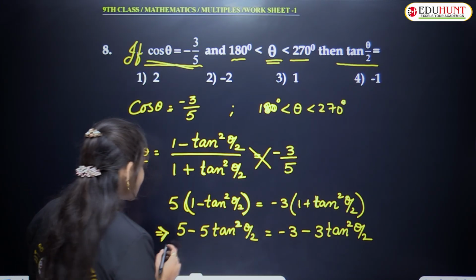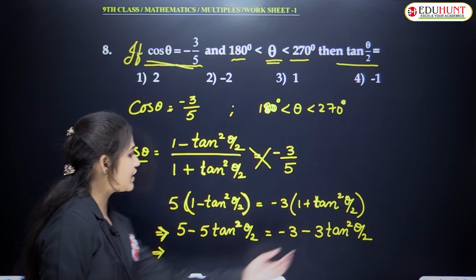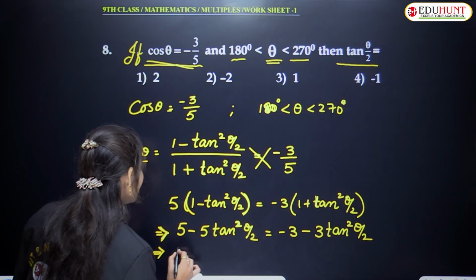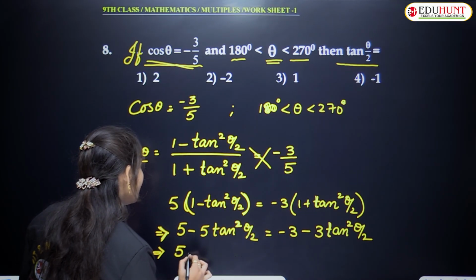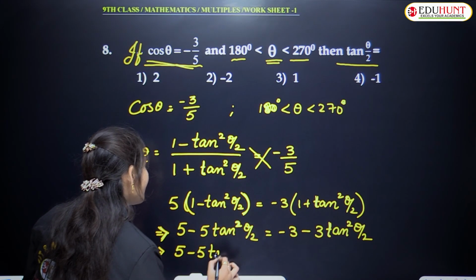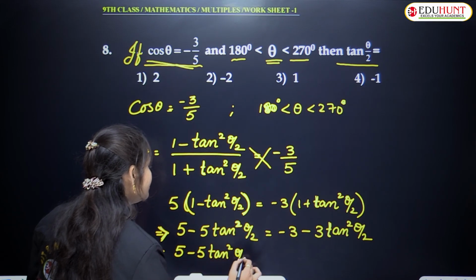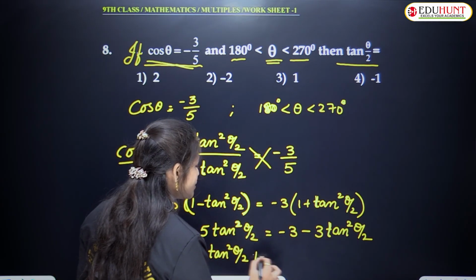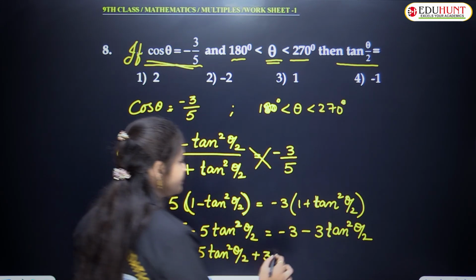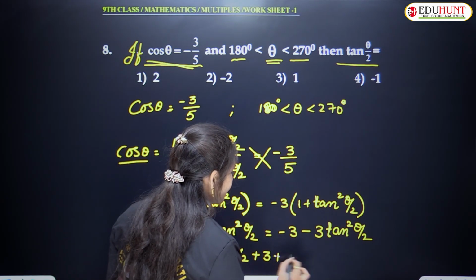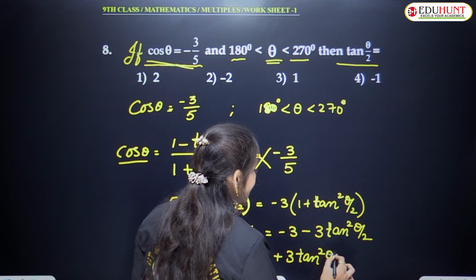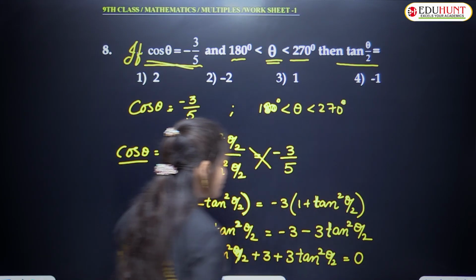Yes. Now I want to transpose all the terms from RHS to LHS. So that becomes 5 minus 5 tan square theta by 2, and the minus 3 becomes plus 3, and minus 3 tan square theta by 2 becomes plus 3 tan square theta by 2, equal to 0.